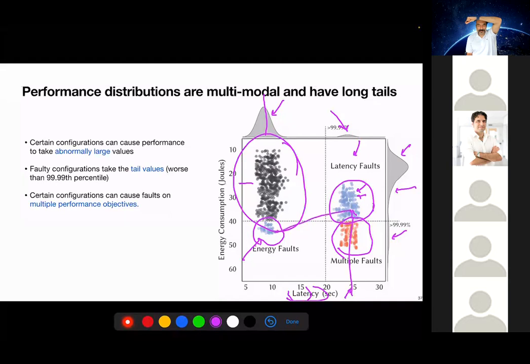Maybe we find a good configuration that decreases the latency to a very small value. But on the other hand, we make the other objective, energy consumption, worse. And this can happen a lot when we optimize with respect to one objective rather than the other. This motivates the effort in multi-objective optimization approaches.